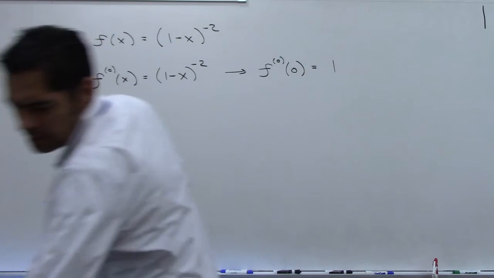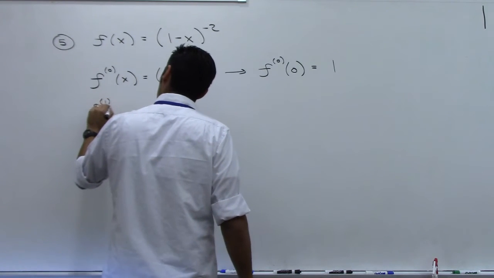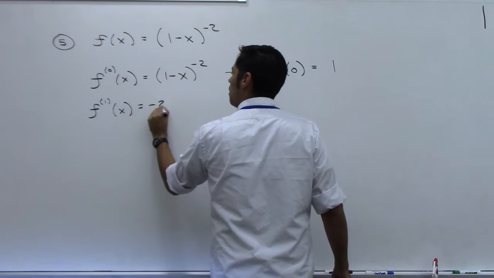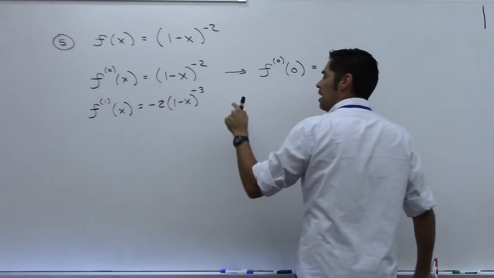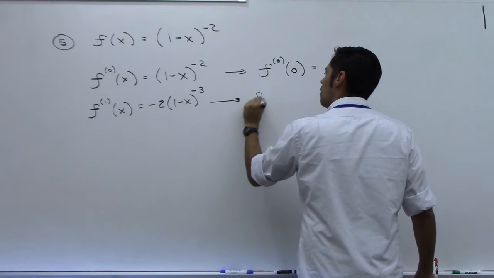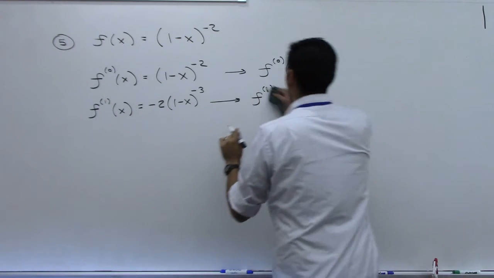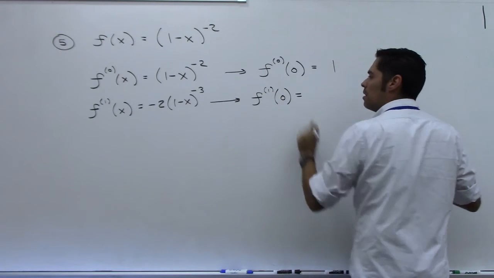And then we take the first derivative. So now we just bring out the negative 2. (1 minus x), we subtract 1 from negative 2 and get negative 3. And now we'll figure out what the first derivative is at 0, because it's a Maclaurin series again.